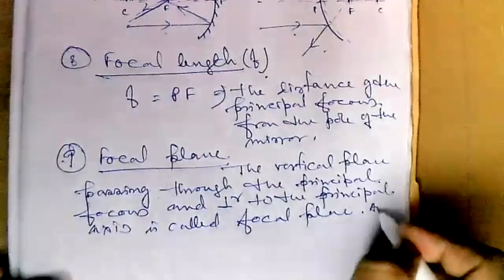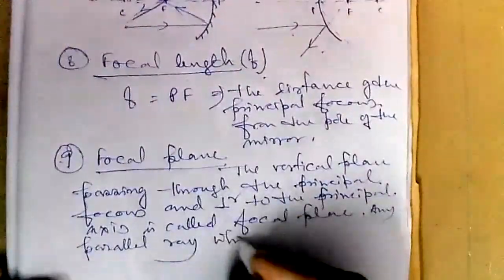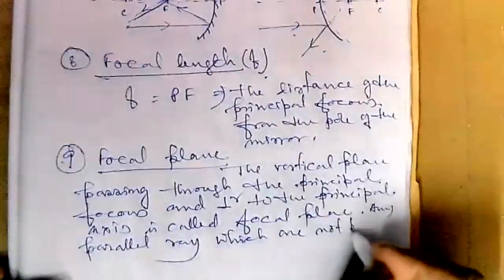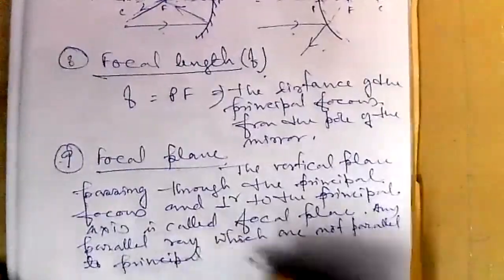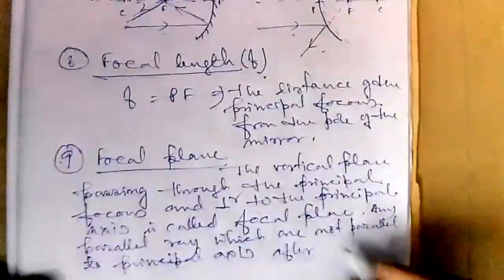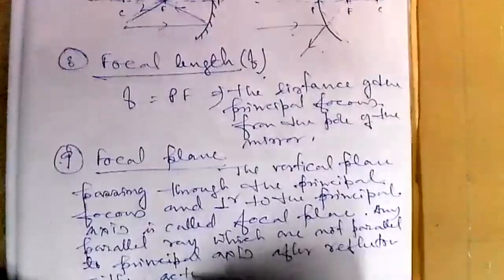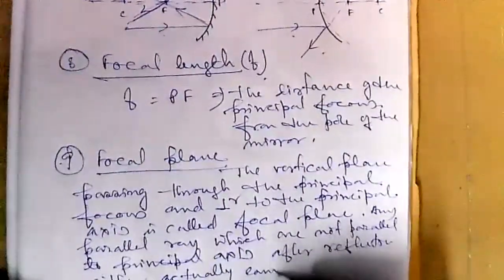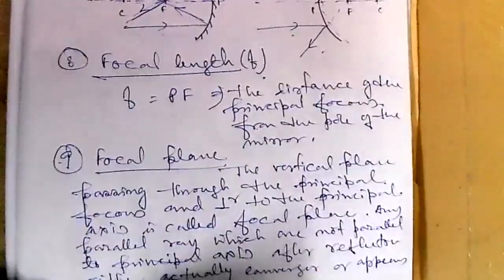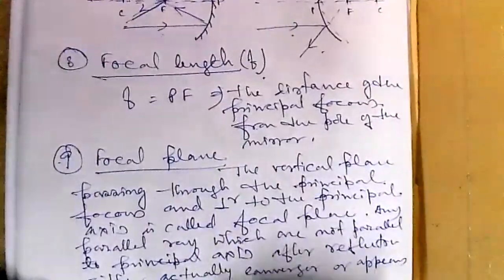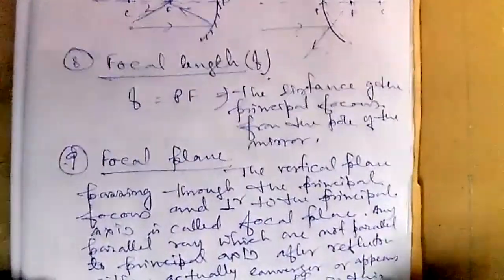Now, any parallel rays which are not parallel to the principal axis, after reflection, either actually converge or appear to diverge from a point on this plane.